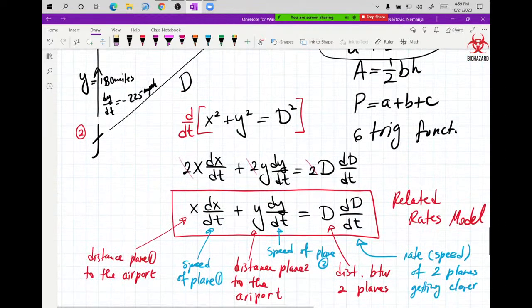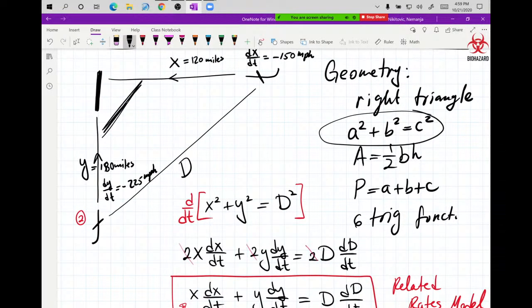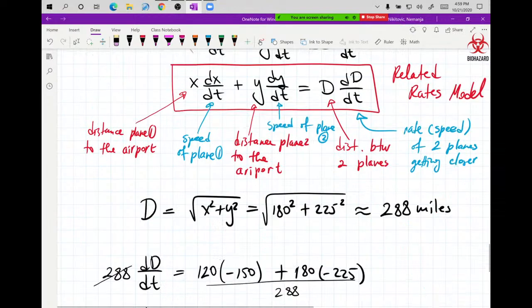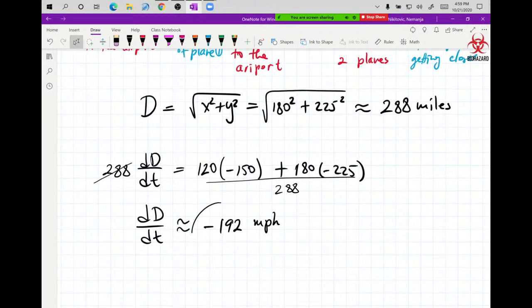When the distance is shorter, when they got closer, you will have a different x and a different y giving you a different d, and that different d will give you a different rate at which they're getting closer. So you can't use this information for the rest of the trip. It has to be constantly recomputed, because it tells you the future of what will happen within an hour if no changes are made to the flight patterns.